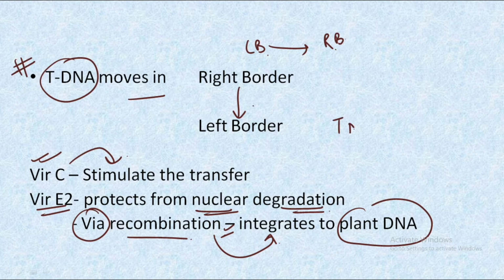That is, when the tDNA from the bacteria, with the help of the various genes that we have studied, gets transported from the bacterial cell into the plant cell, there occurs an integration of this tDNA when it enters into the plant cell. This is facilitated by the VIRE2 gene.